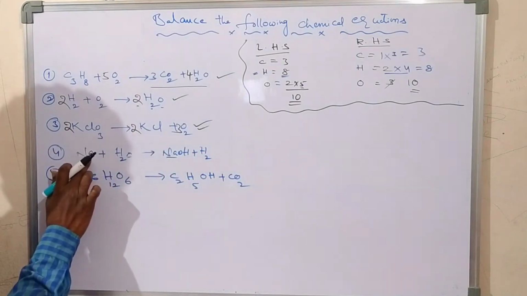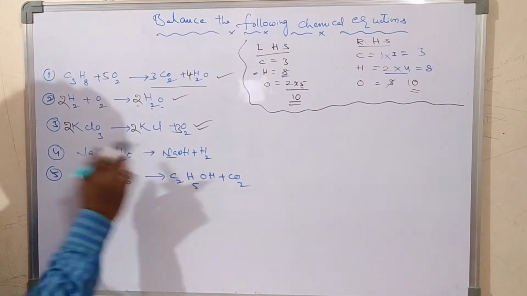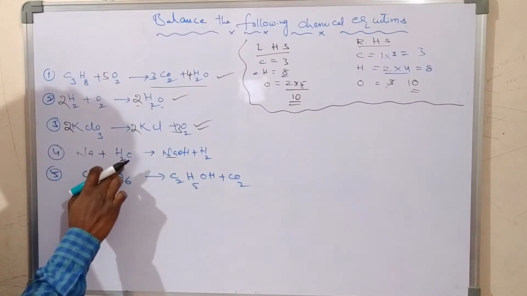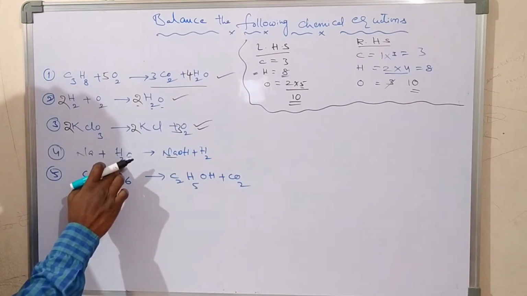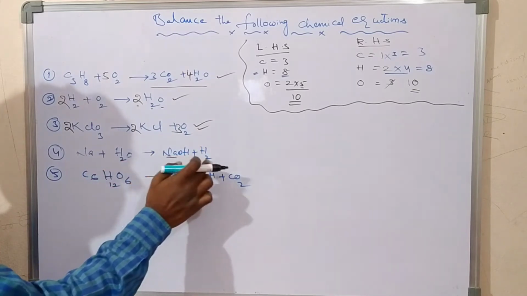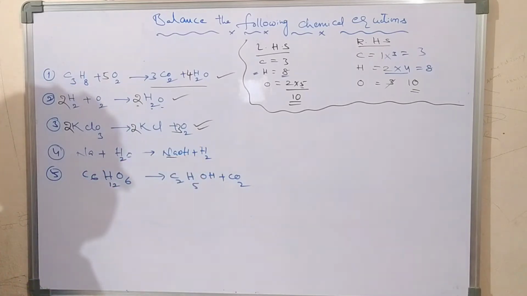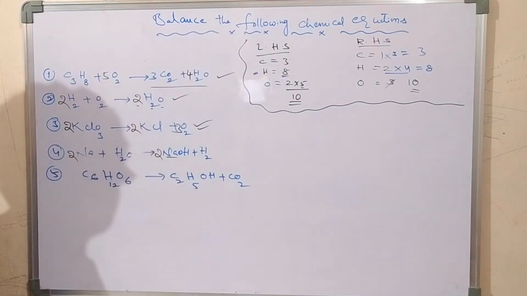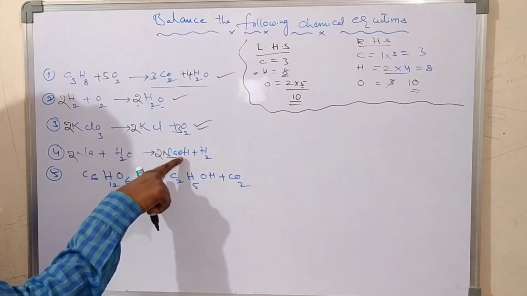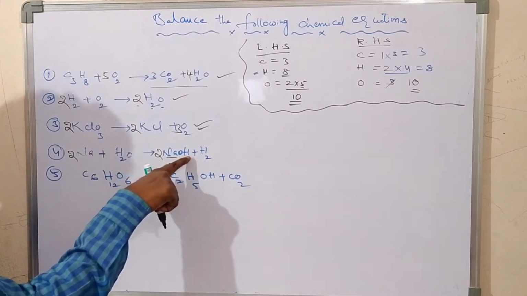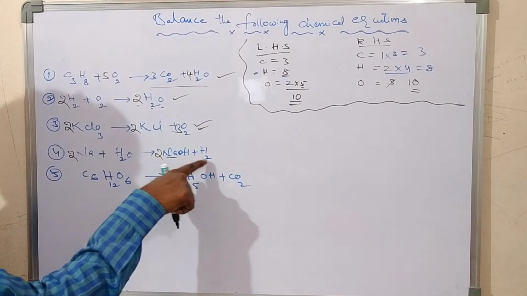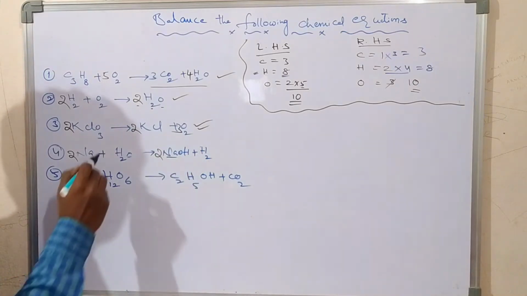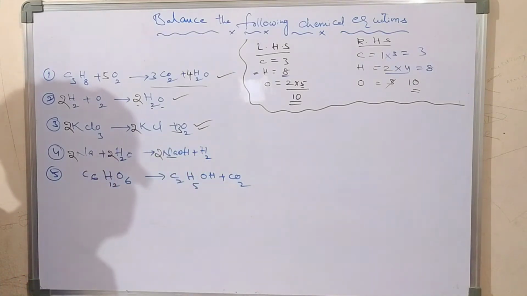How many sodiums are there on the left side? 1. Here also 1. Here how many hydrogens? 2. Here how many are there? On the right side 3. That's why you need to put 2 here. When you put 2 here, how many sodiums? 2. Check the hydrogens: 2 hydrogens, here 2, total 4.